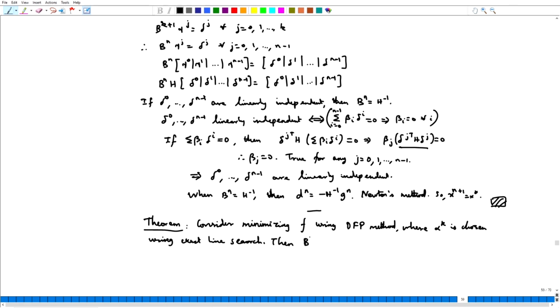Then Bk positive definite implies Bk plus 1 is positive definite.